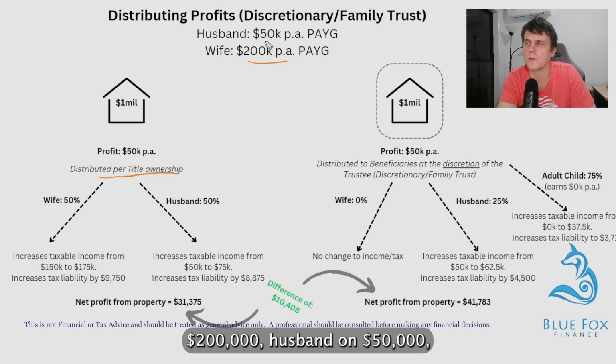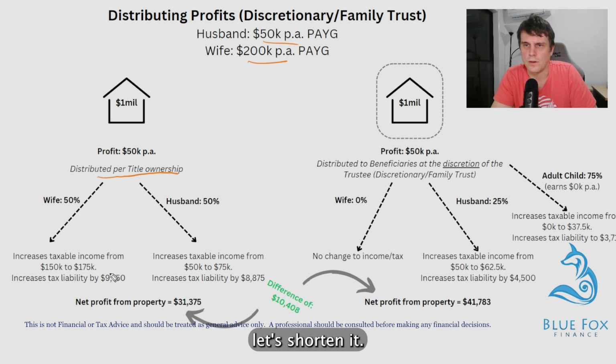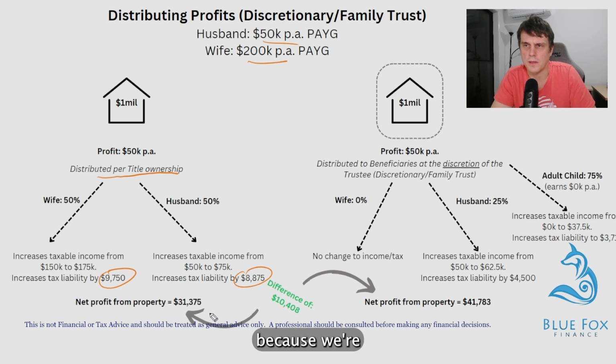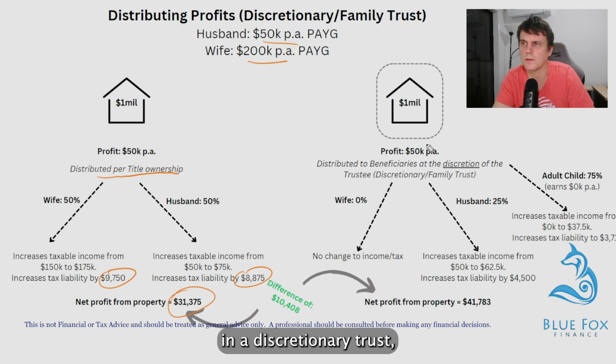So if we've got the wife on 200,000 and the husband on 50,000, we do some math and we pay extra tax because we're getting 50% of the income each, and your net profit from the property is 31,000.